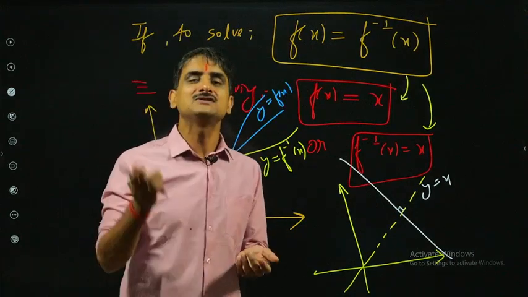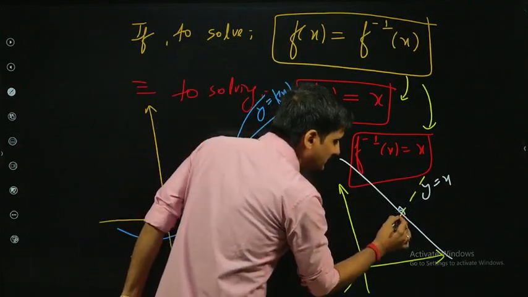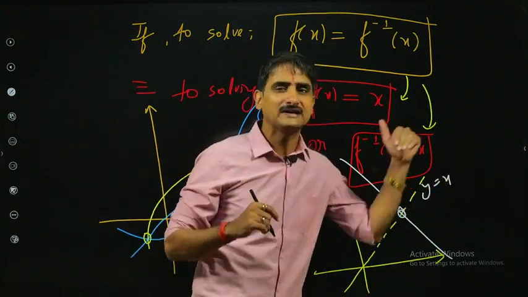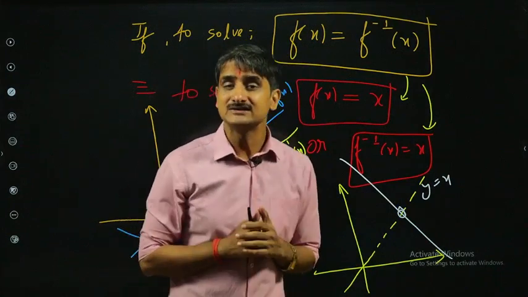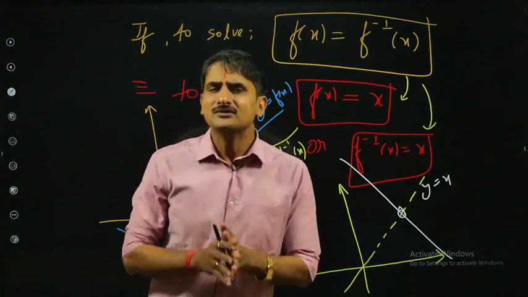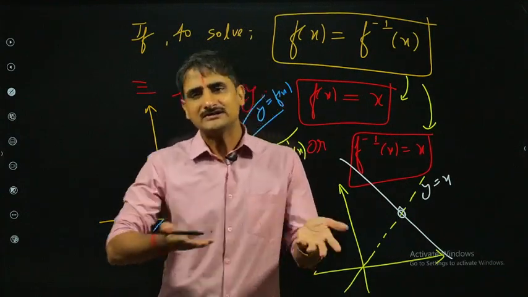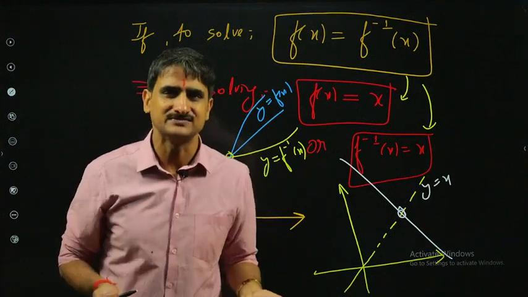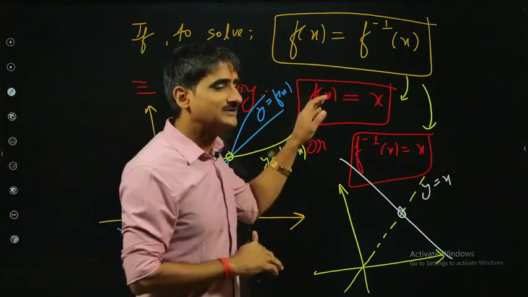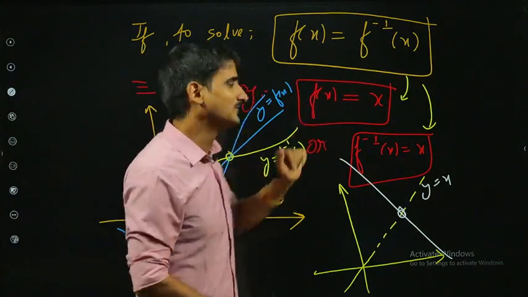You have infinite solutions, whereas the object meets the mirror only at one point. So if you solve f(x) with x, you will get only one solution, whereas f(x) equals f inverse x has infinitely many solutions. So it has exceptions, but exceptions are exceptions only. We need to remember the general statement. That's quite useful.